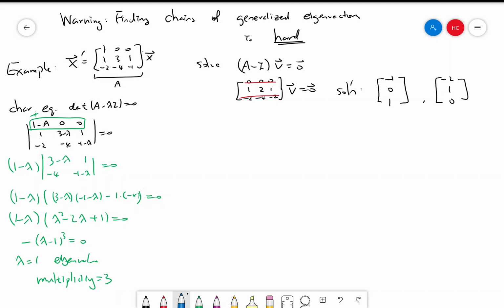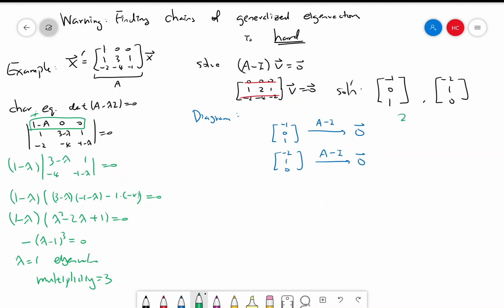So if you draw the diagram for the chain of eigenvectors, then we have negative 1, 0, 1 goes to 0 if you multiply it by A minus I. And we have negative 2, 1, 0, it also goes to 0 if you multiply by A minus I. So this means two eigenvectors.